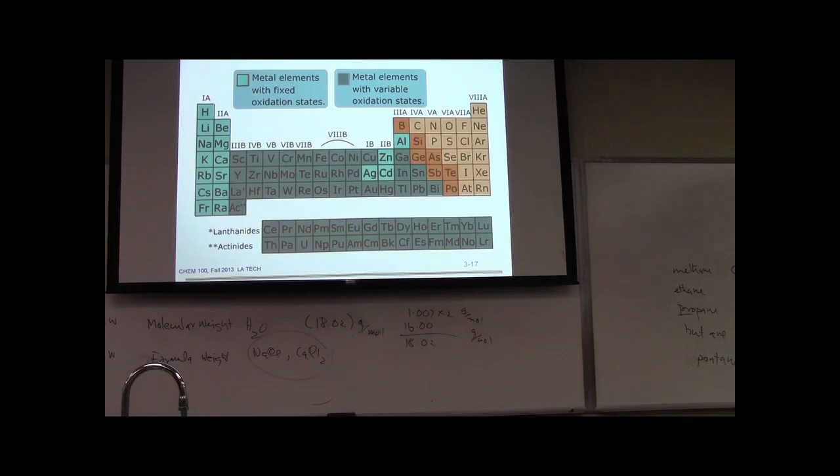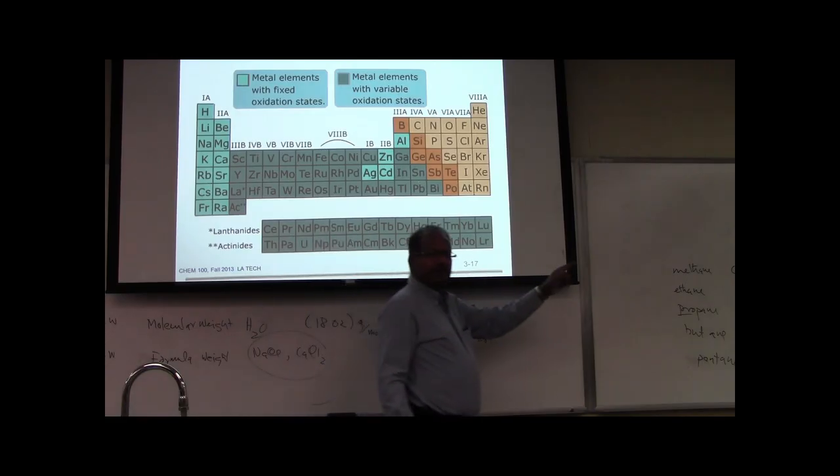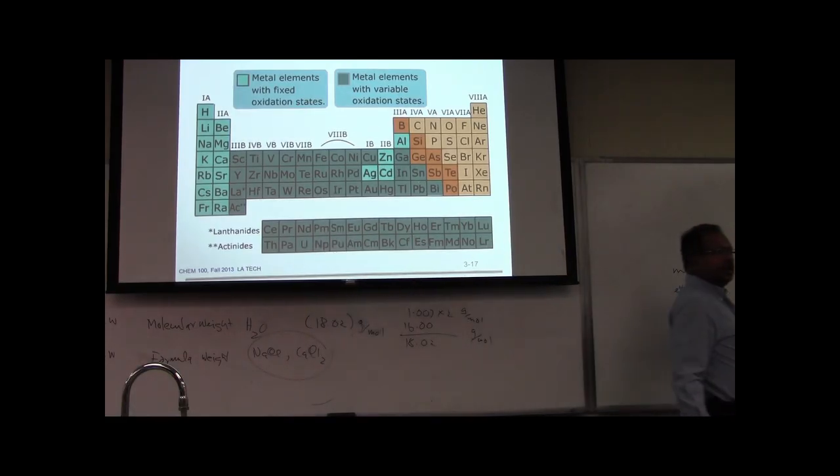It gained 2 electrons, and there are 2 of them. What is the total charge on 2 oxygen atoms? 4 negative. So this together: uranium(IV) oxide.